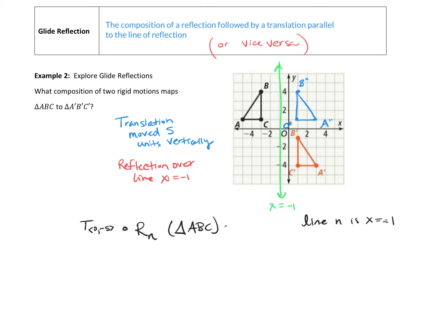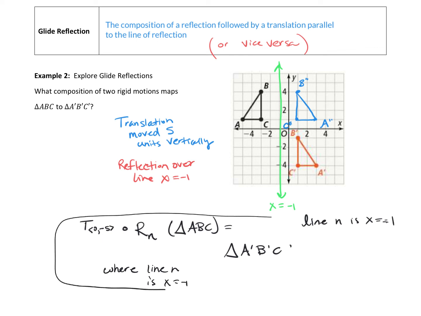This composition will result in triangle A prime, B prime, C prime. That is the red triangle right here. And then we do want to put as part of our rule where line N is x equals -1. And this is our composition. And this is a glide reflection.